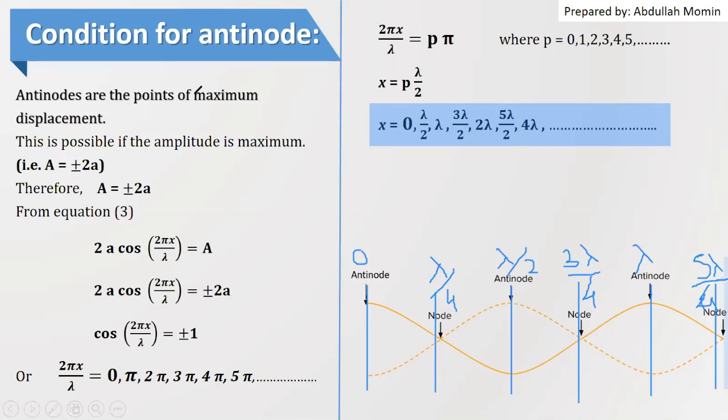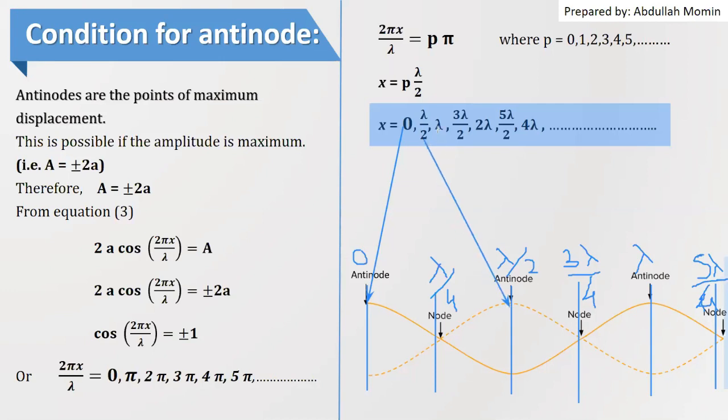So the first antinode we will get at x is equal to 0. So if x is equal to 0, we will get antinode. See this point, this is 0 and here we are getting antinode. That is our first antinode. The next antinode we will get at lambda by 2.